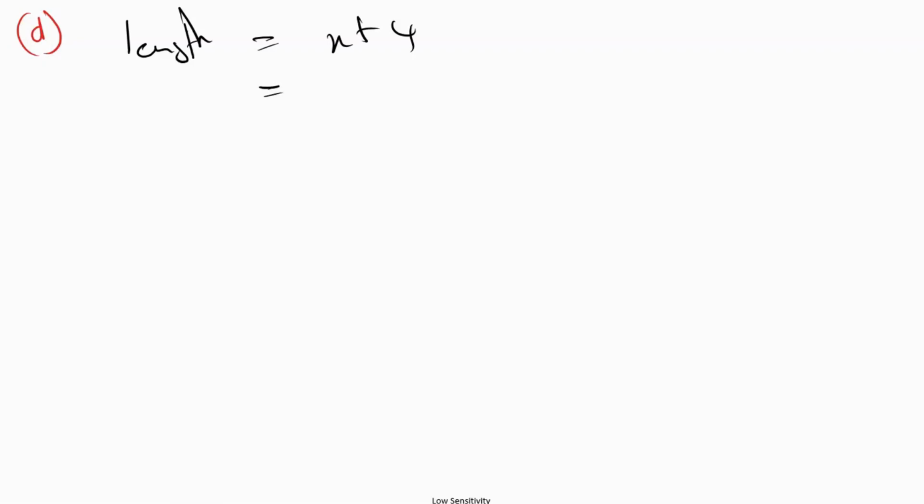And here we said x is 2.91 because we can only take the positive value here. 2.91 plus 4 is equal to 6.91, but we want this to the nearest millimeter, so this is just 6.9.